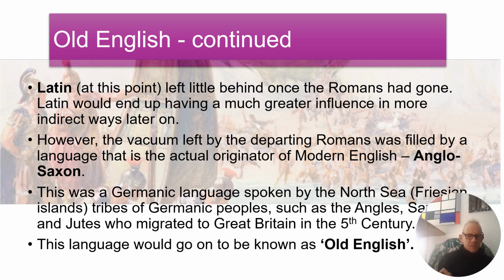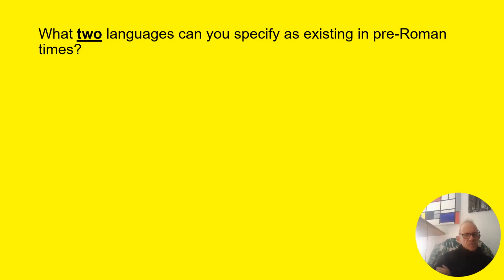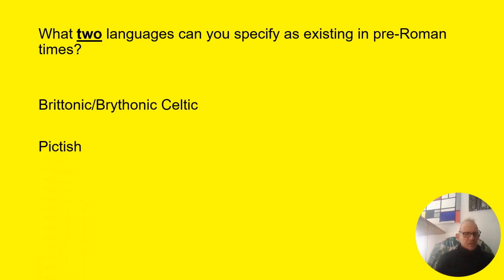And all this language coming together would be known as Old English. So if I was to ask you what two languages you can specify as existing in pre-Roman times, hopefully you would say Brittonic, Celtic, and Pictish. The Latin came along with the Romans.